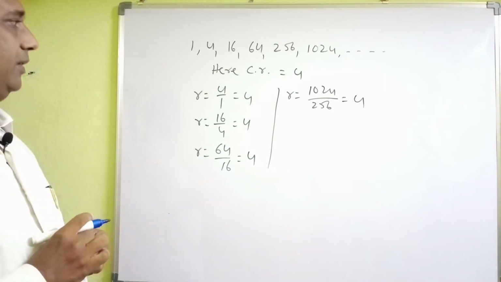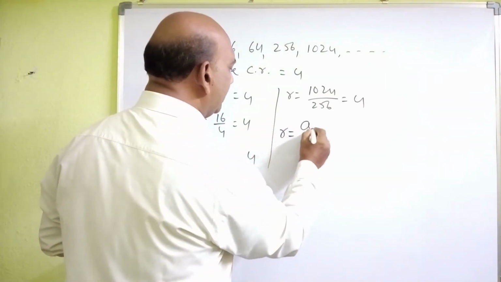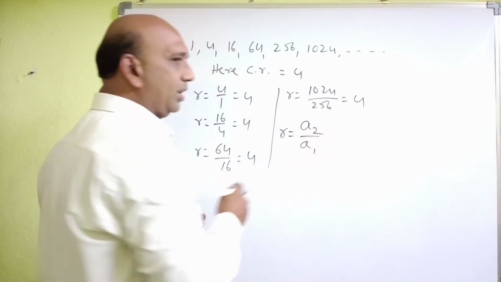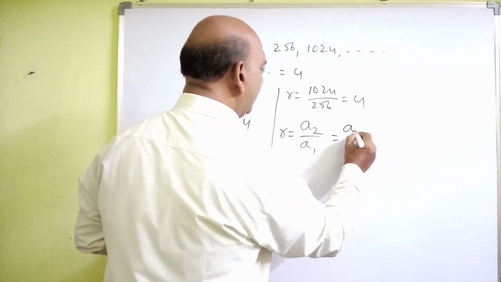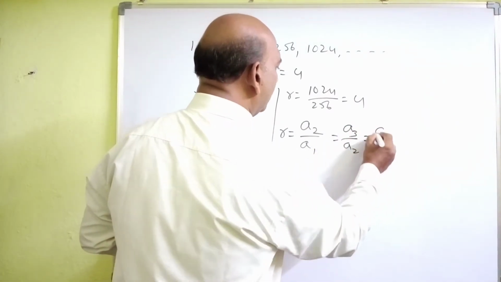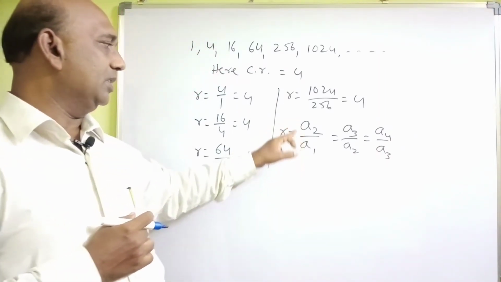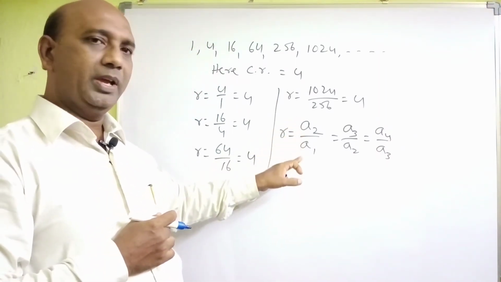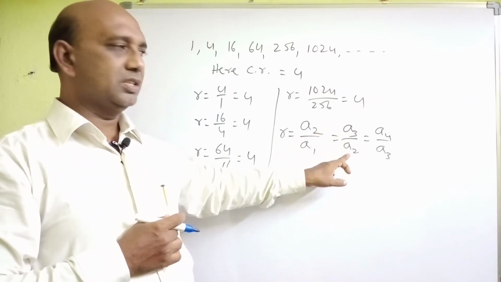So generally we take common ratio as R is equal to A2 by A1. A2 by A1 means second term by first term. That is equal to A3 by A2 or A4 by A3. See here, A2 by A1, second term divided by 2 minus 1. Third term divided by 3 minus 1.